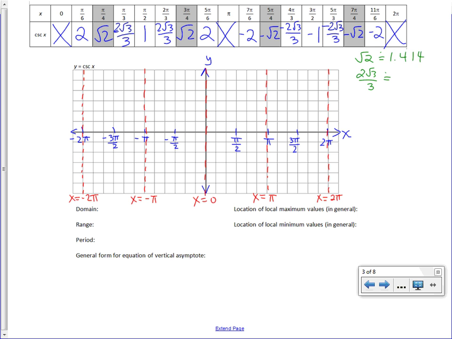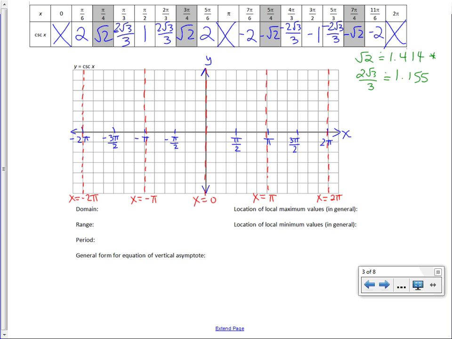And 2 root 3 over 3 is 1.155. So again, the root 2's we're not going to focus all that much on, but the 2 root 3 over 3's we do need to focus on because they're points that will allow us to get the right shape. The more points, the better the shape.